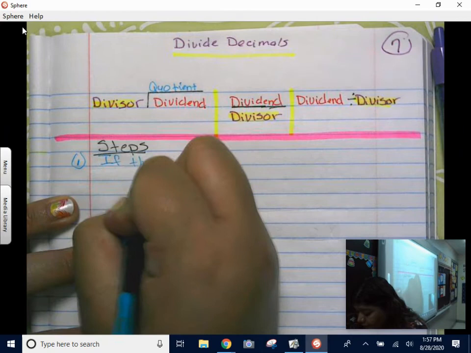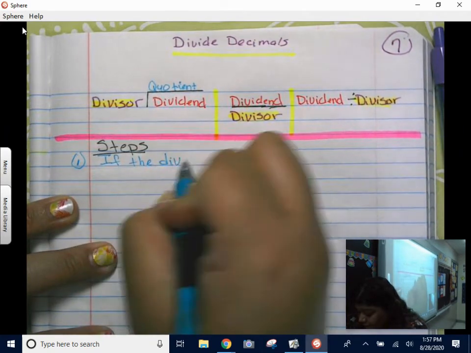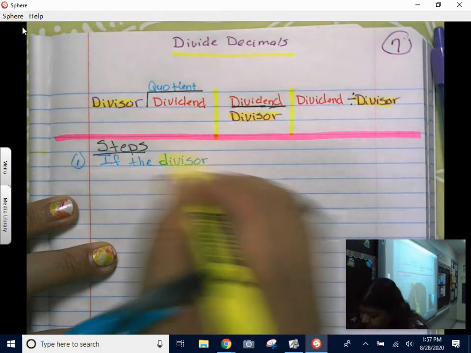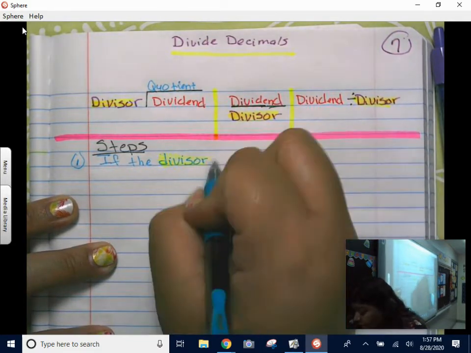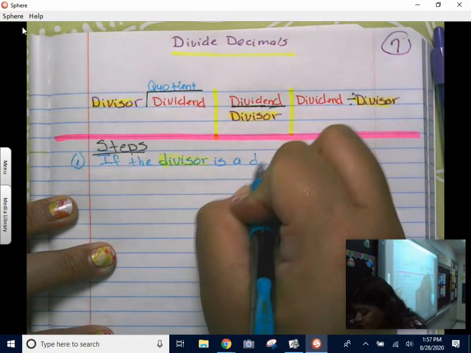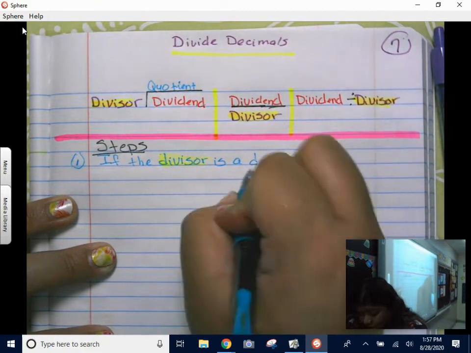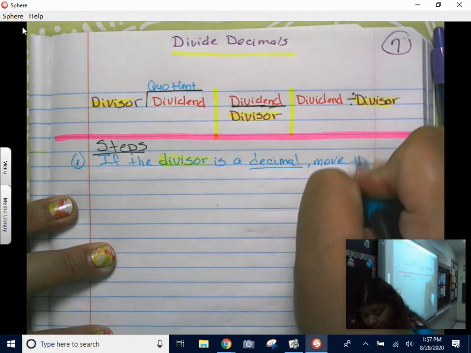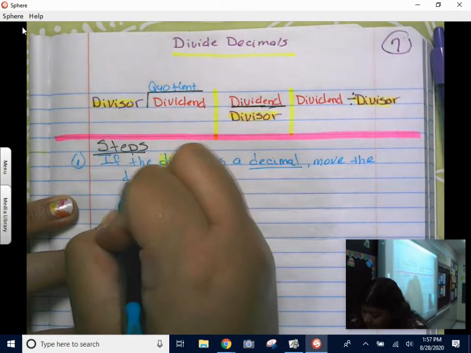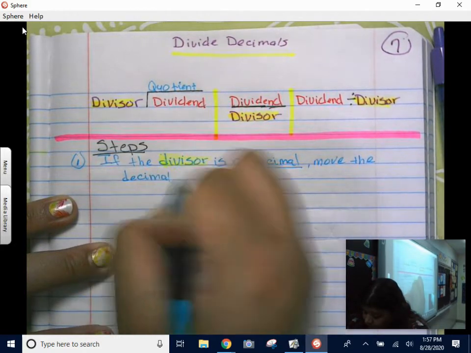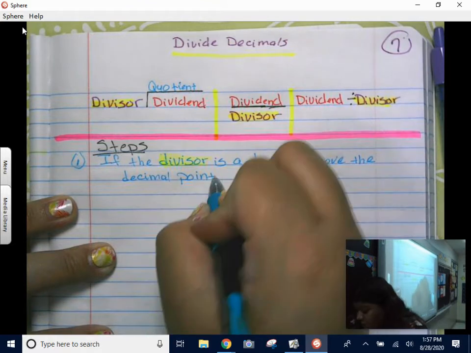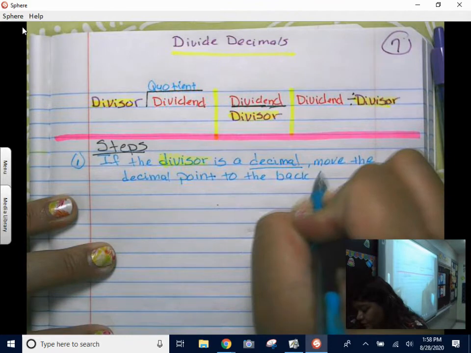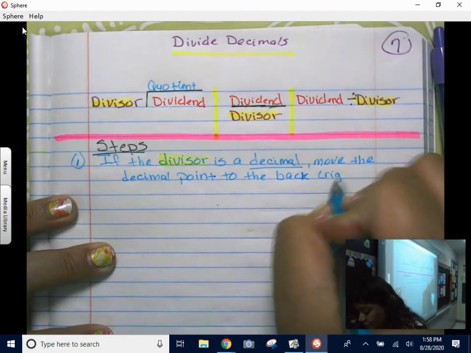if the divisor, those are the ones I highlighted, if the divisor is a decimal, if it's a decimal, we're going to move the decimal point to the back, okay, or to the right.